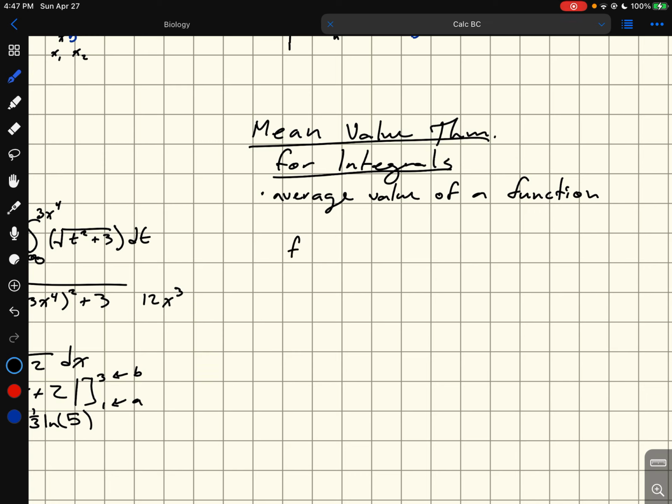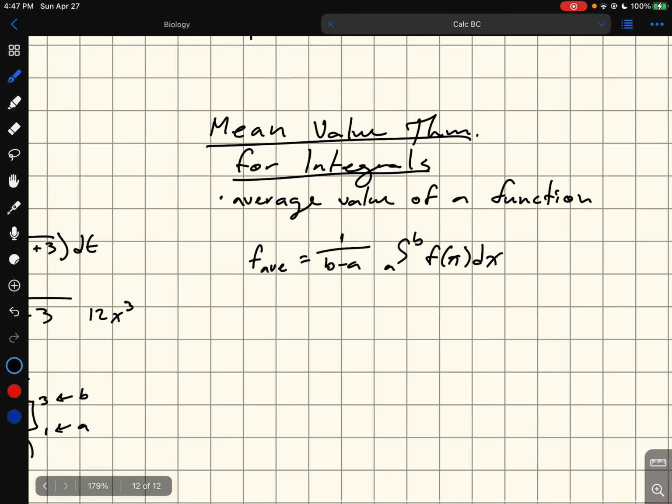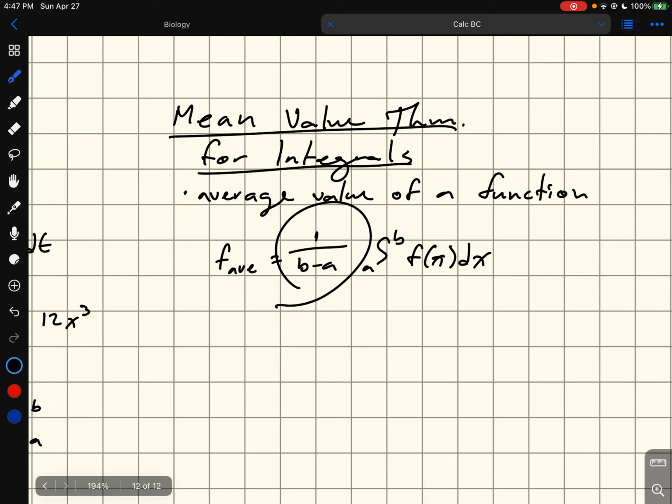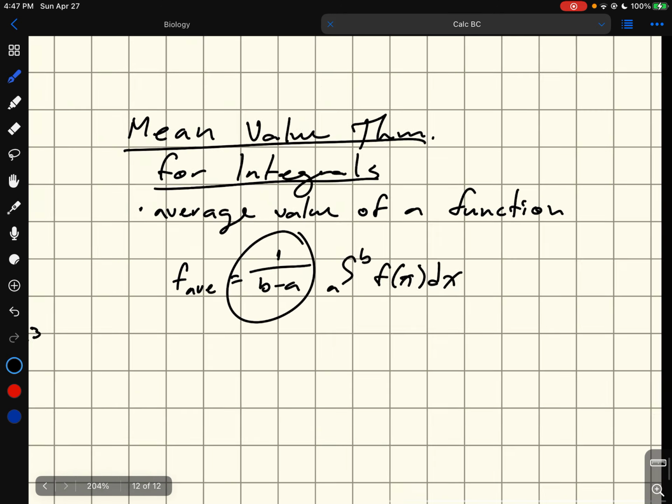You'd notate it by saying f_av for f average, and it's equal to 1 over b minus a, integral from a to b of your function. So pretty straightforward. That's average value. Whenever they ask for average value, just know 1 over b minus a, and then your integral. So all you have to remember is this 1 over b minus a part.